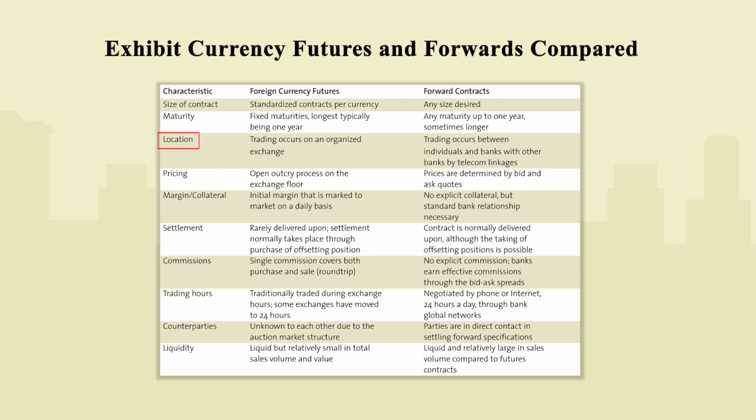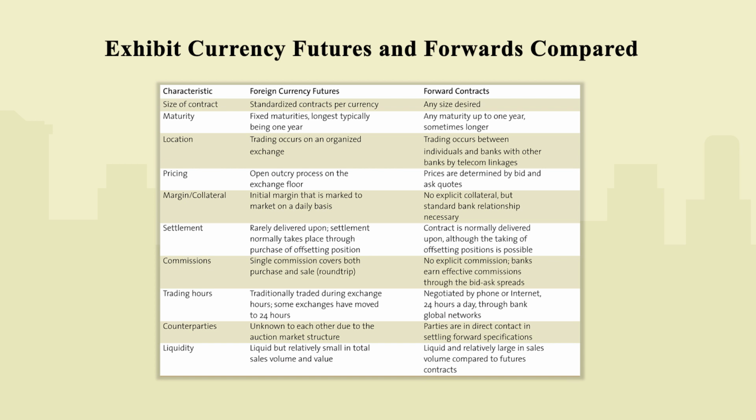From the aspect of location, futures transactions can be conducted inside the exchange or outside the exchange, whereas forward trading occurs between individuals and banks, and banks with other banks, by telecom linkage.